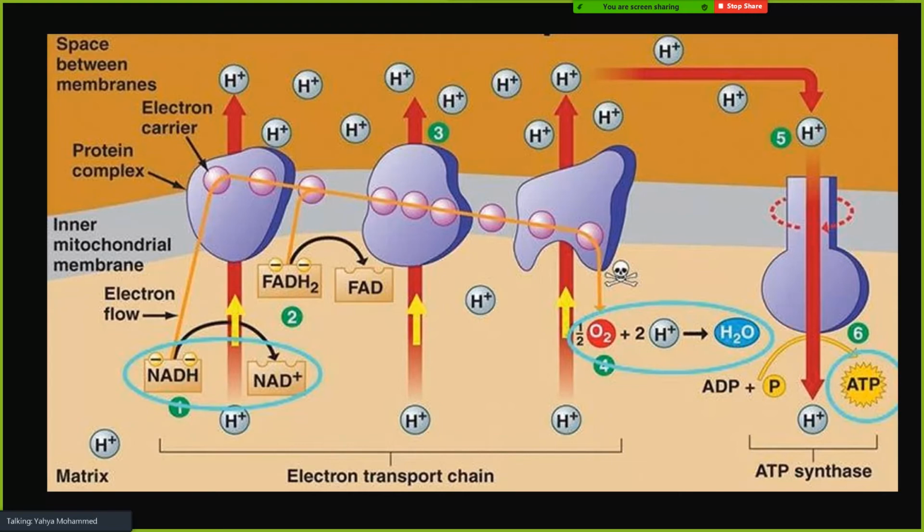How is that working? It's not really half of oxygen. Here's what it means. You have one oxygen plus 4 hydrogens, which produces 2 water molecules. Where did the 4 hydrogens come from? Here's why. This equation, they made this equation.